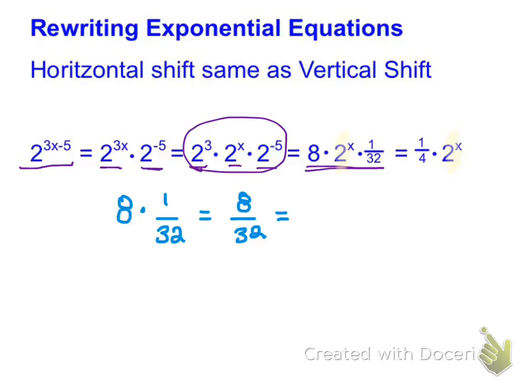Well, both 8 and 32 are divisible by 8. So 8 divided by 8 is 1, and 32 divided by 8 is 4. And so that's why we're left with that 1/4, which is your vertical, I shouldn't say shift, stretch. That's what I meant to say.